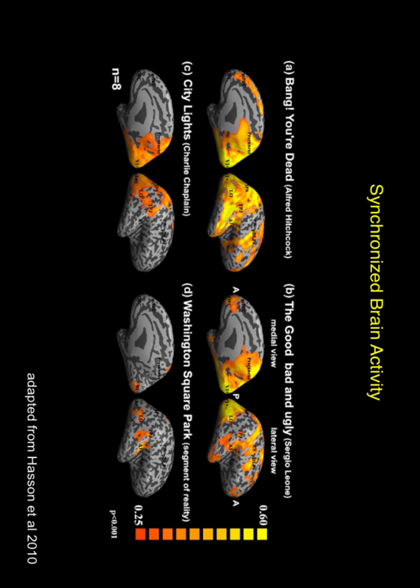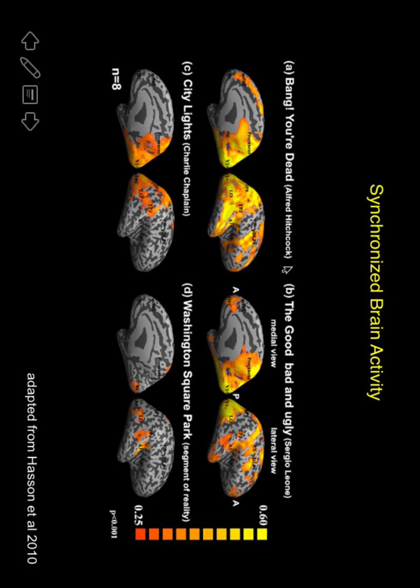And this is going to give you a very different answer to your question of what's happening if you start averaging across subjects. For example, the movie City Lights by Charlie Chaplin, a much older movie, did not do quite as good a job of activating subjects' brains as, say, Bang! You're Dead. Bang! You're Dead did the best of all of the movies they showed.